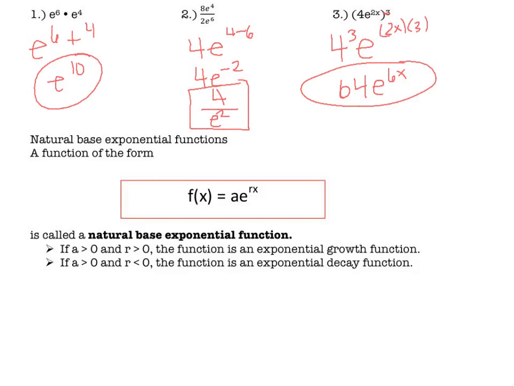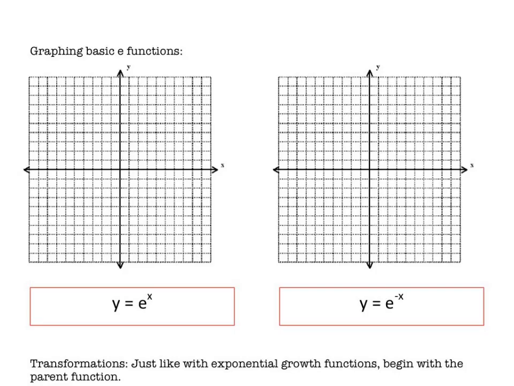So the first thing that we want to do is just graph a basic e function. So we'll look at 2. We'll look at e to the x power and e to the negative x power. Now, it doesn't say it, but my r value in each of these would be a 1 and a negative 1.